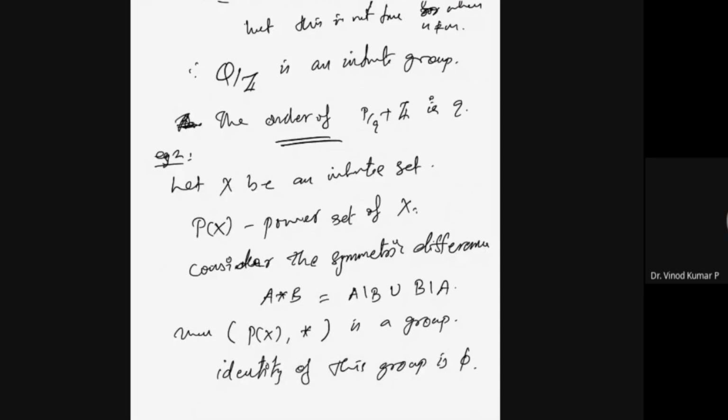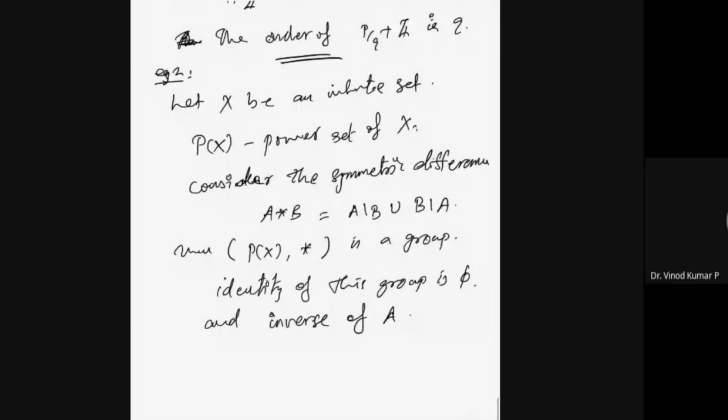And what will be the inverse of A? You take A a subset of X, or A belongs to P(X), then what will be the inverse? You see A * B equals empty, equal to B * A, right?